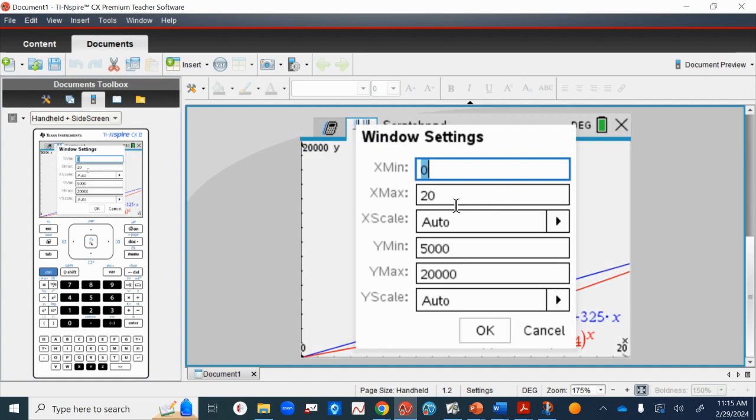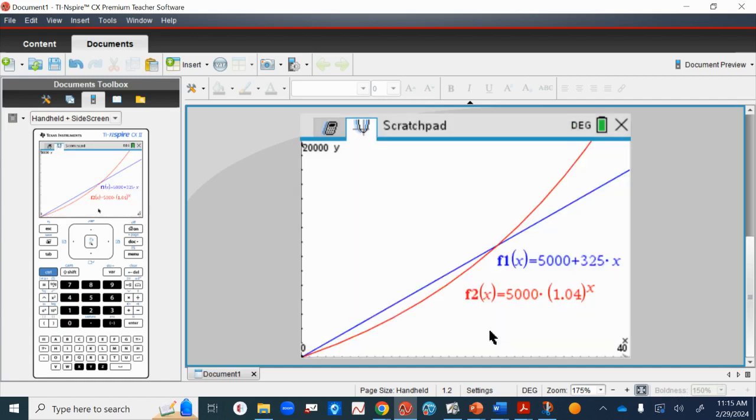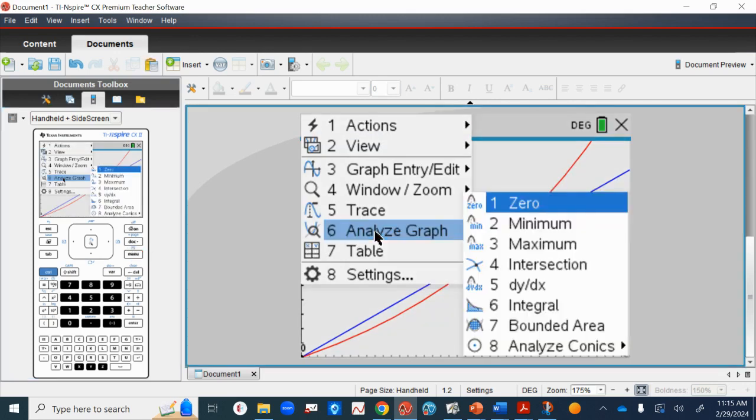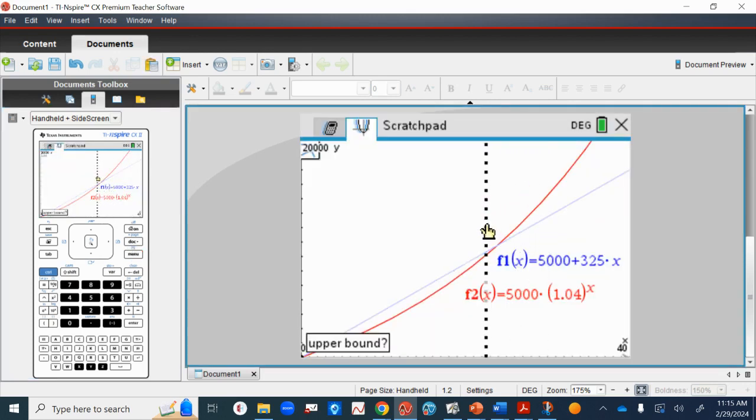So we're going to have to change the settings again. I reckon by 30, but definitely by 40, we'll see the intersection point. Now you can see it quite clearly. So that is the moment. We can very clearly see that the red graph is now higher than the blue one. So that's the point where suddenly you start earning more from the compound interest than you do with the simple interest.